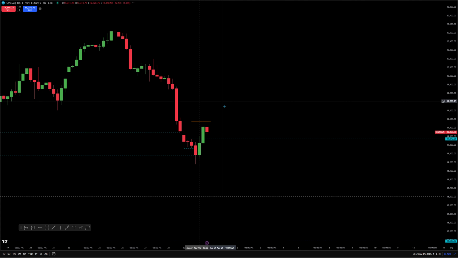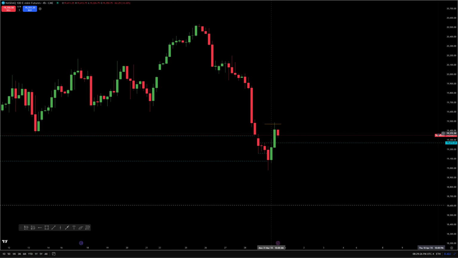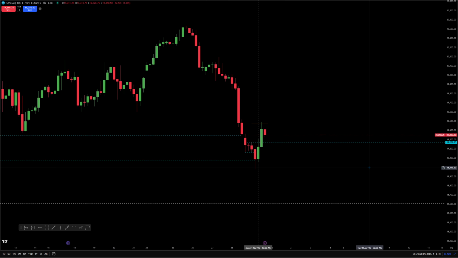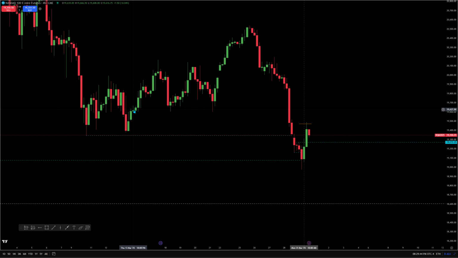So would I be okay playing bullish again? Absolutely. But would I be okay playing bearish? Yes. It really all depends on what the market gives me between now and then, what it tells me, what it has, because we can see obviously this range here, which is going to be really hard to get through.